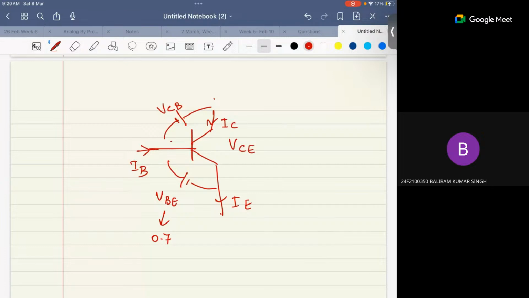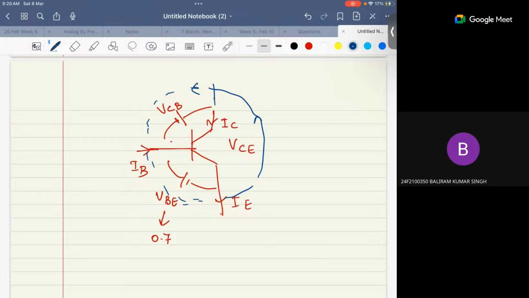Is it clear to everyone? See, you can use this if you want to apply KVL in the whole circuit. For example, what will be the value if I start from here?